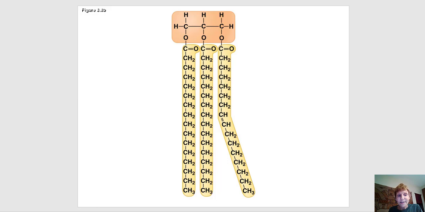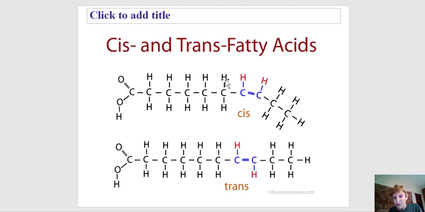So here is the natural form of an unsaturated fat. And of course, some of these fats are getting saturated by adding hydrogen in the laboratory. But the ones that aren't, some of them are isomerizing and flipping so that they're in the trans configuration. And that's what a trans fat is. When a cis fat flips in the laboratory.